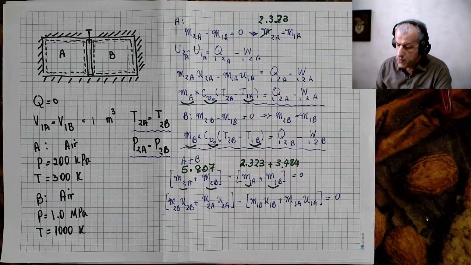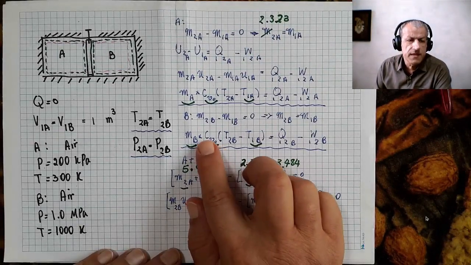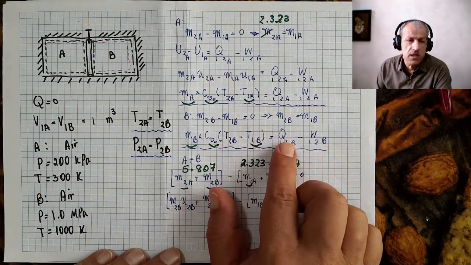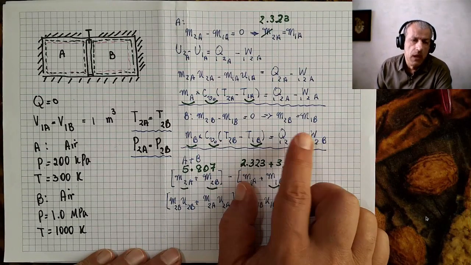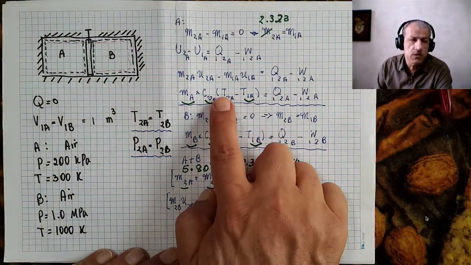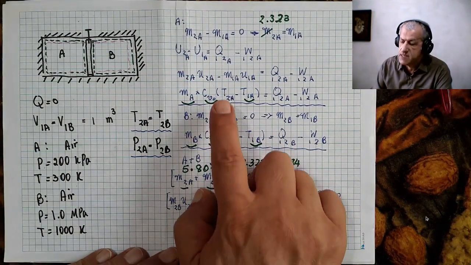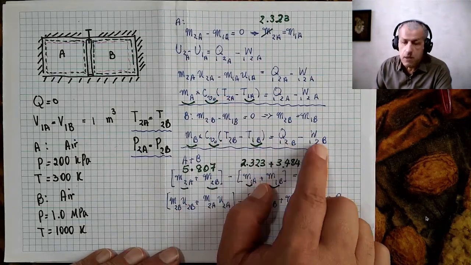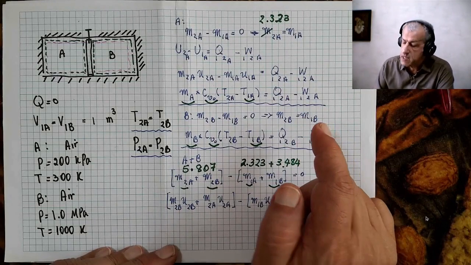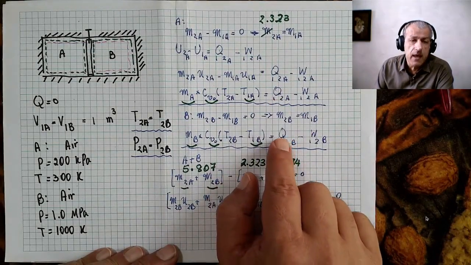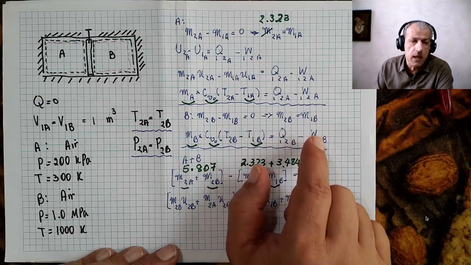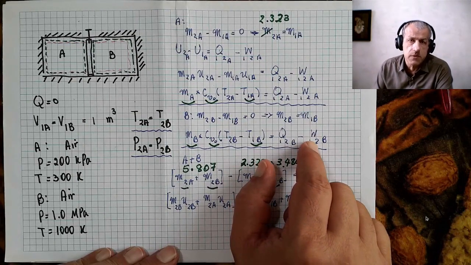A similar point is true for B, since this is the change of energy in B, and that is both heat transfer and work that is given to A. So these two terms should be similar, since B has given some energy to A. In fact, the heat transfer to A and B is the same with opposite signs, and the work between A and B are the same, but with opposite signs.